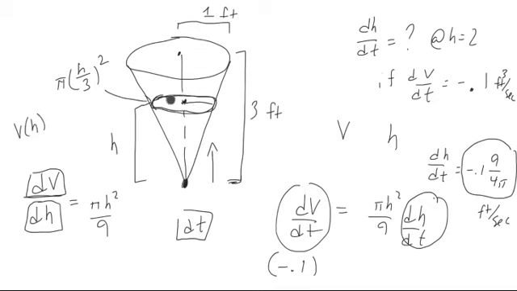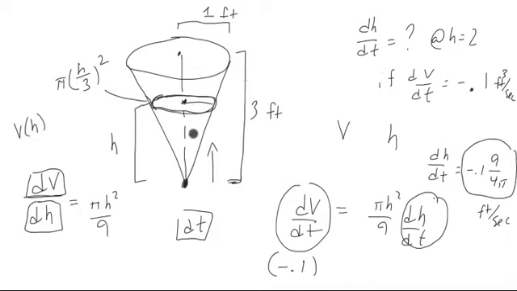Well, it would be the measure of the forefront of the growth perpendicular to it, which would be the area of this cross section. In the larger cone, the height is 3 and the radius is 1, meaning that the ratio of radius to height is always 1 to 3, or the radius is always 1/3 of the height.